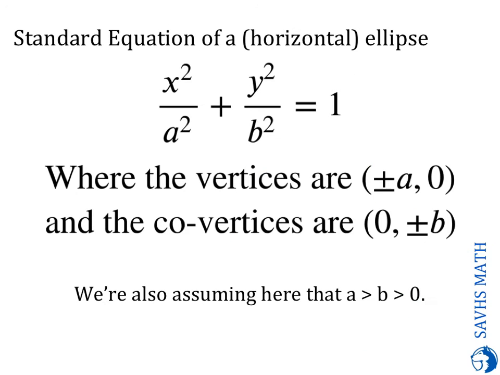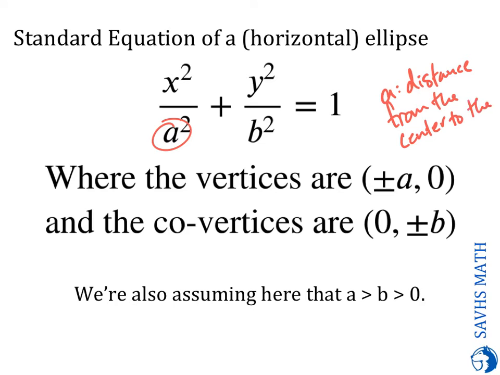On this slide, I have the standard form of how to write an equation for an ellipse. You'll notice that the a and the b that we used on the last slide show up in this slide. And so a, remember, is the distance from the center to the vertices.